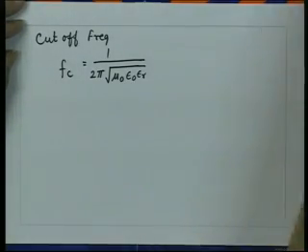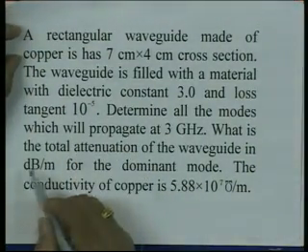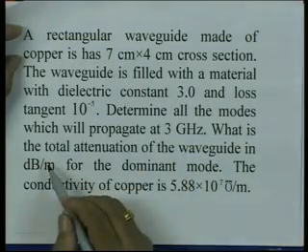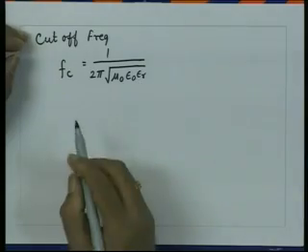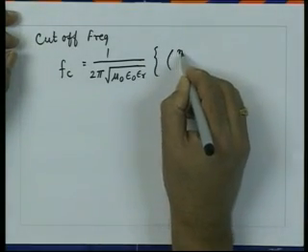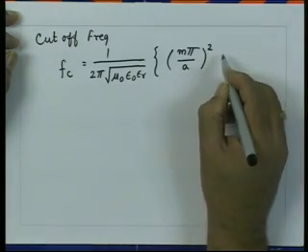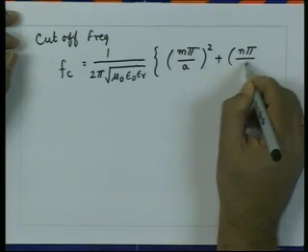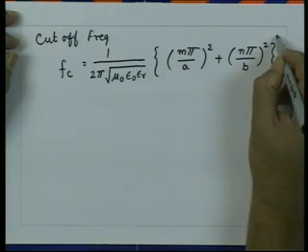Also, since the loss tangent is very small, for calculation of cutoff frequency, we consider the dielectric constant almost real, and that is equal to 3. So, epsilon r is equal to 3, multiplied by (m pi by a) whole square plus (n pi by b) whole square, to the power half.